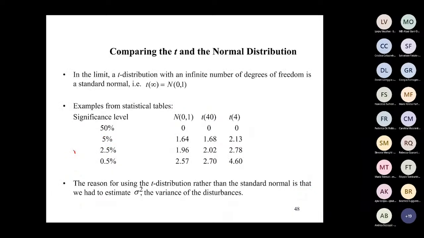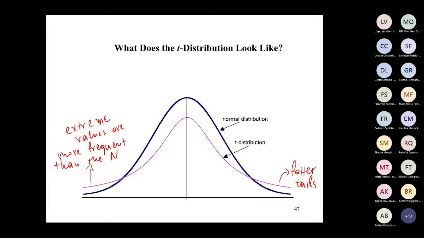What does extreme values mean? For example, -4 or -5 or +4 +5 is more likely to happen than the normal distribution thinks. When we say tails, we imply what is happening in the extremes.